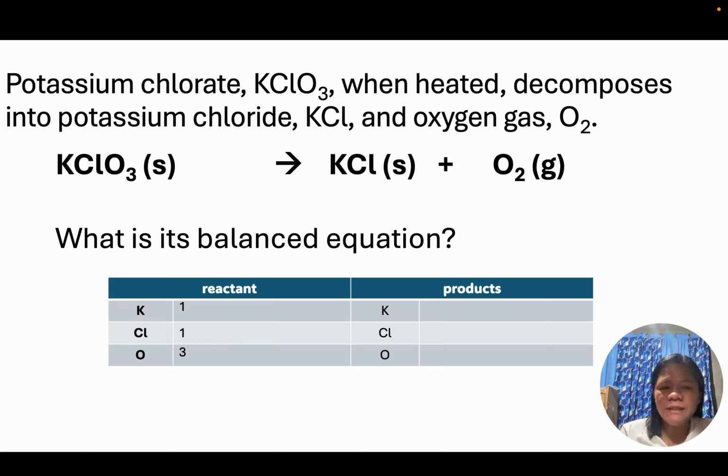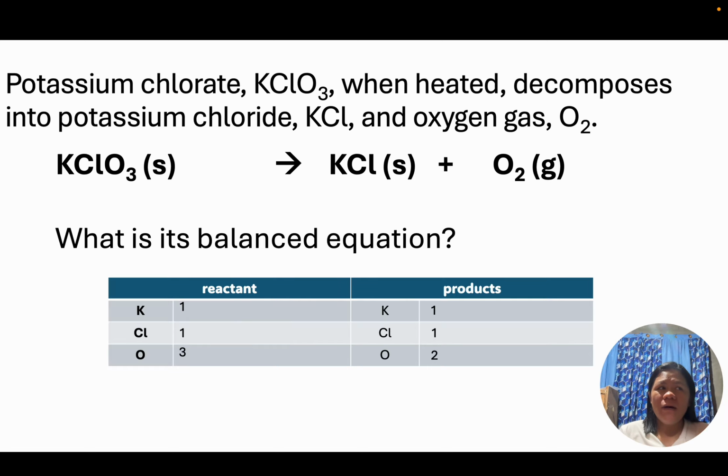On the product side, potassium is 1, chlorine is also 1, and oxygen is 2. As you notice, chlorine and potassium are already balanced, so we don't need to focus on those two elements. We have to focus on oxygen, which is 3 and 2.